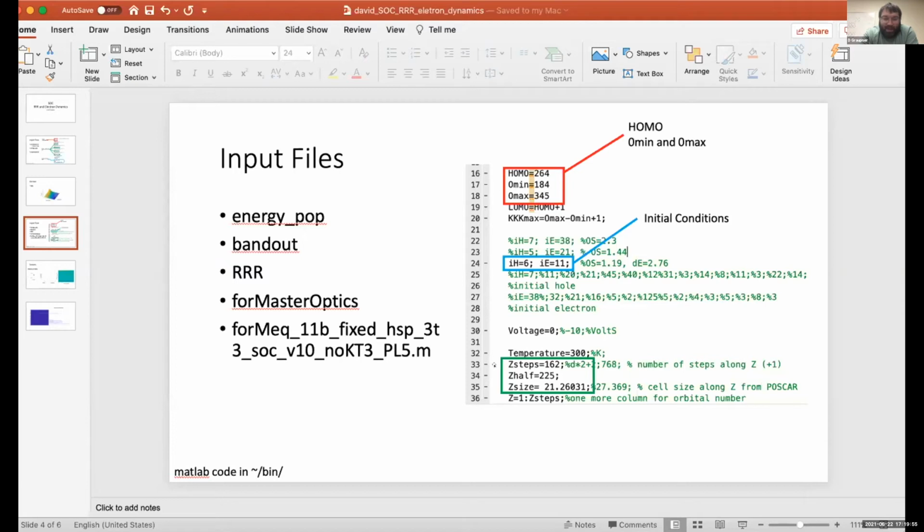The green box, I have some additional parameters that are the Z step you get from the band out, and the Z size is necessary if you're trying to make the green figures with integration by size by Z.